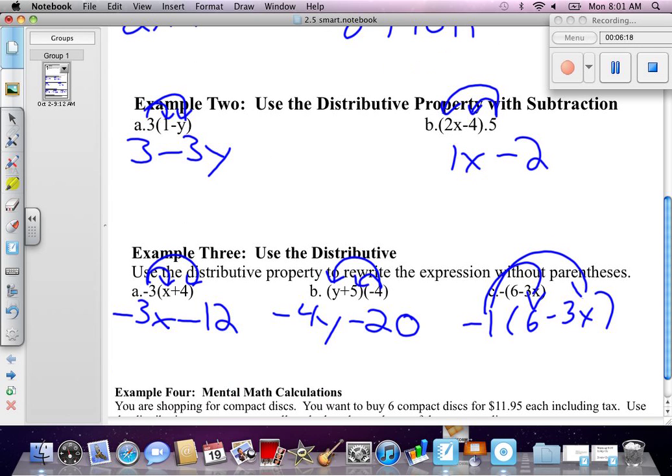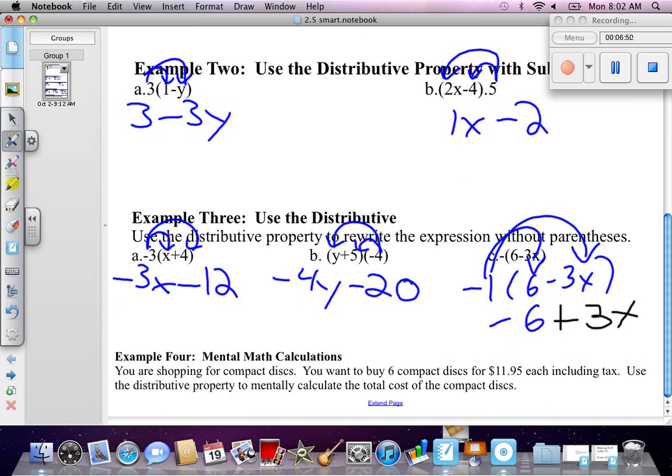Make sure you have a negative times a negative, giving you a positive. So you should have negative 3 plus 3x, because a negative times a negative is a positive.